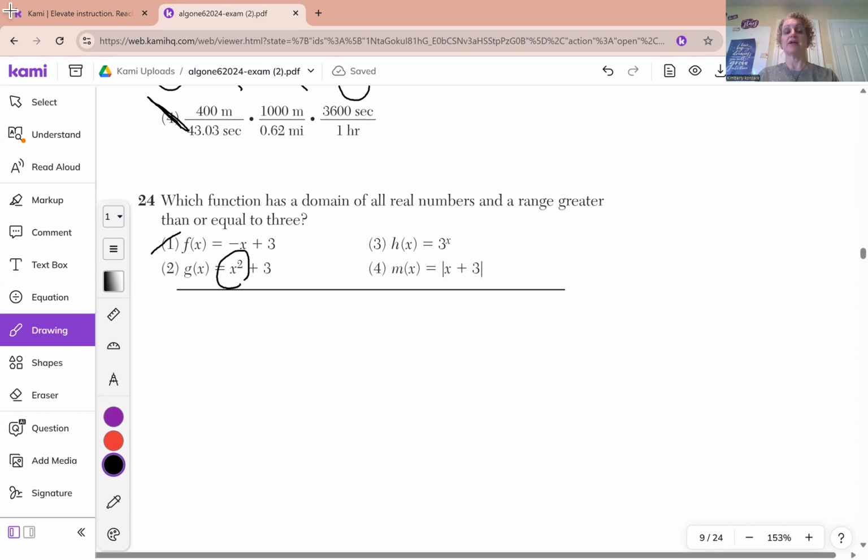I know that because it's a quadratic. It's a parabola whose y-intercept is 3. So the domain would be all real numbers because I'd be putting in anything, but I'd only get values in the range that are greater than or equal to 3 because I start at 3. So this would be the answer.